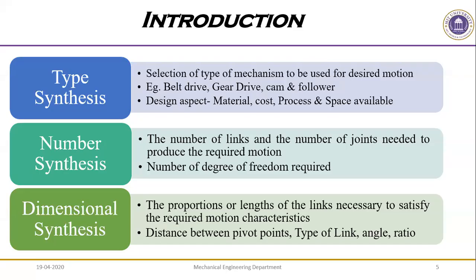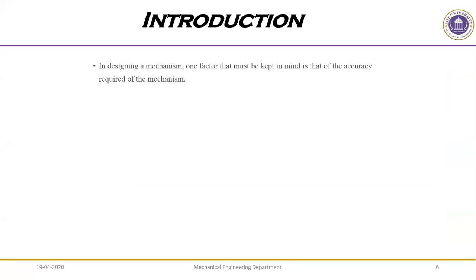For that purpose, how many teeth are required on the gear in order to achieve the required ratio. That comes under dimensional synthesis. What will be the dimensions of the different linkages, different parameters of the mechanism. That comes under dimensional synthesis. Means the synthesis process consists of first step type synthesis, second step number synthesis, and third step dimensional synthesis.